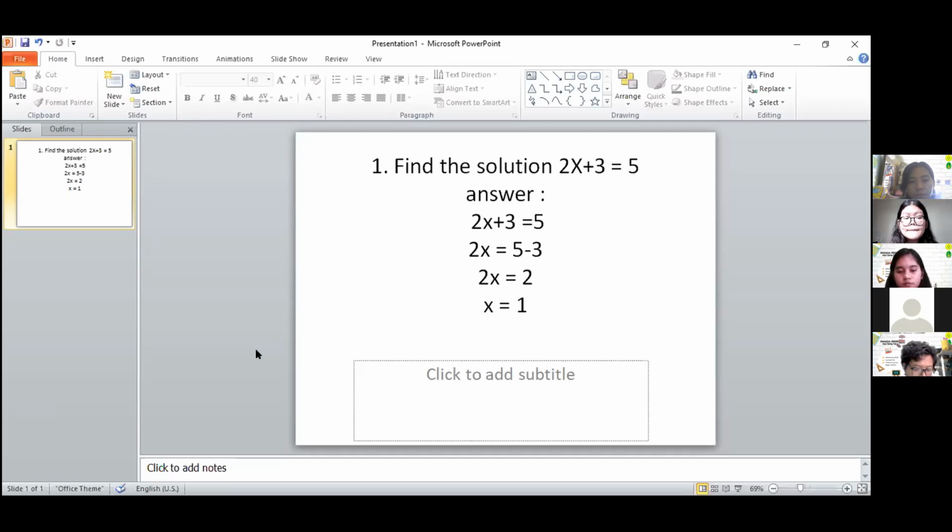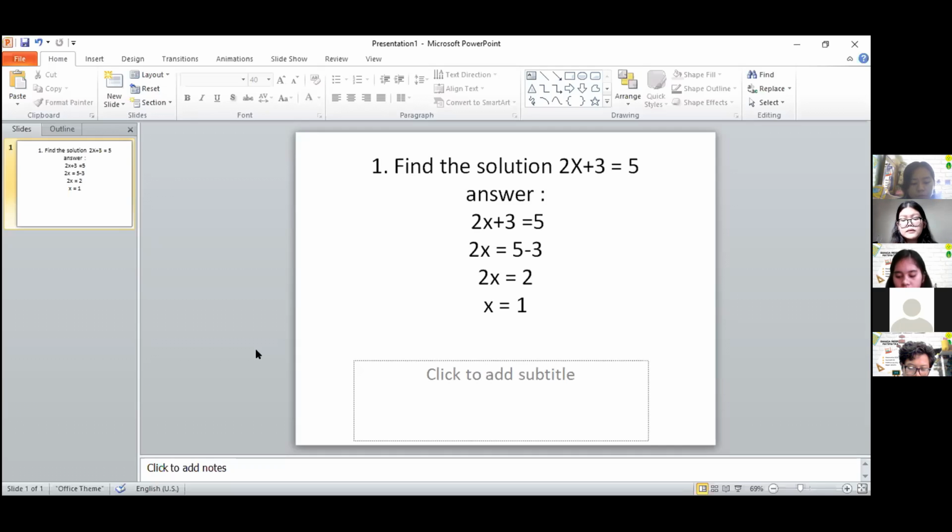So you have 2x plus 0 equal to 2x. 0 is the identity element for the addition operation.